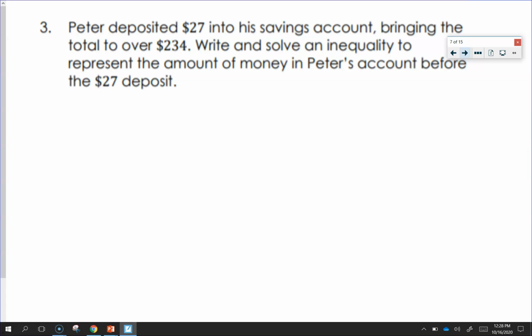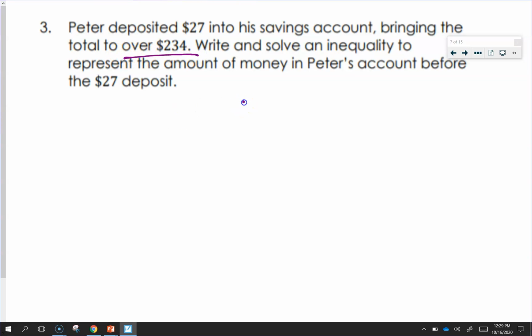Okay, so he did something to bring his balance up. Do we agree? Bringing the total to over. So if it brings it over 234, was it greater than or was it less than? Oh no, it was more than. It's bringing it over.